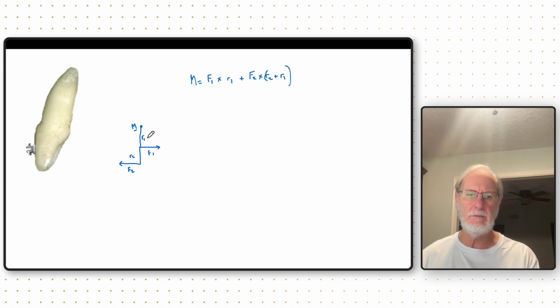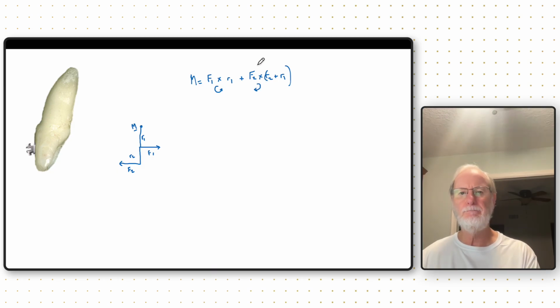So that's the distance, R1 plus R2 for F2. This moment is counterclockwise, and this moment is clockwise. Okay?